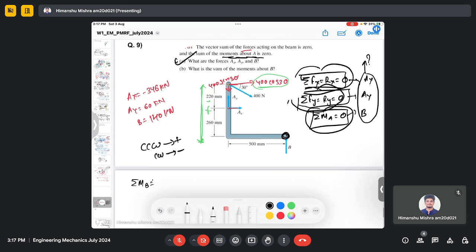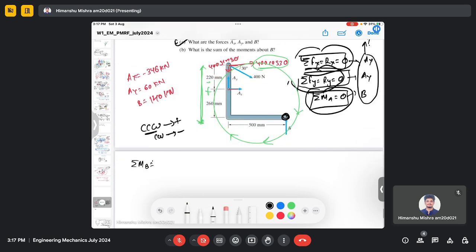And again I am considering counterclockwise as positive, and the direction of this force around point B is clockwise. So it is minus 400 cos 30 multiplied by 0.22 plus 0.26. These are in meters.